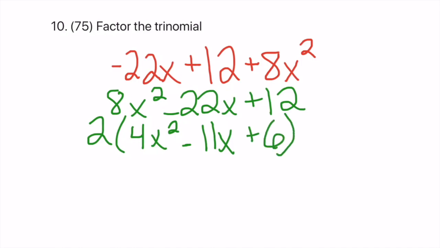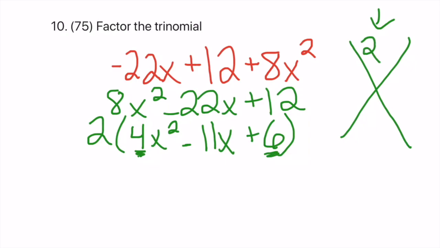All right, so now since this is one of the trinomials that has a number other than 1 out in the front, we can use that other technique that I've done before where we still make our x, but the number that goes on the top is your last number and your first number multiplied together, so 24. And the middle number is still negative 11.